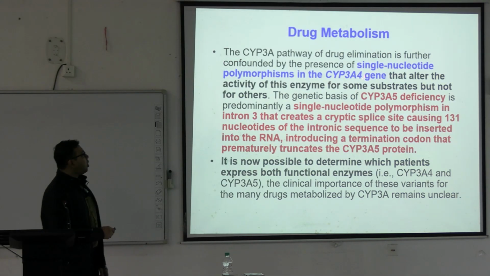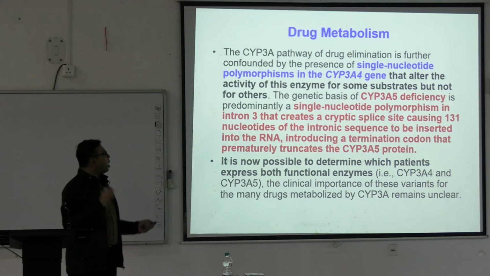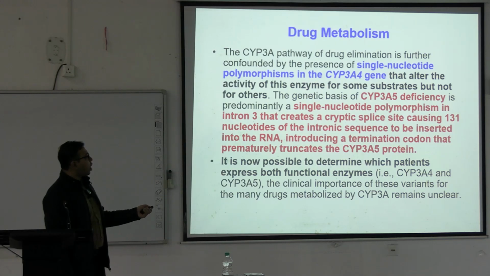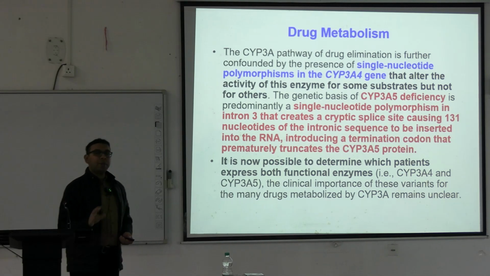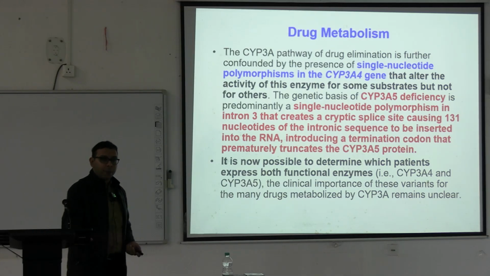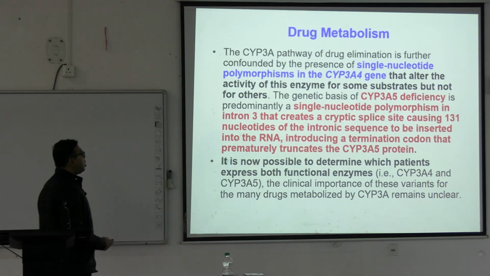This is an example. The single nucleotide polymorphism also leads, for example in this cytochrome 3A5, to some intronic sequences. Here we can create a cryptic splice site causing 131 nucleotides of the intronic sequence to be inserted into the RNA, introducing a termination codon that prematurely truncates the cytochrome 3A5 protein. So we can change some genetic makeup also by giving some therapy, genetic therapy or gene therapy, that can also be the future.